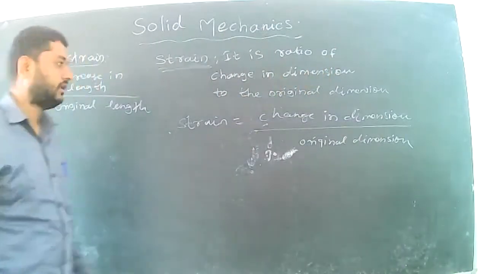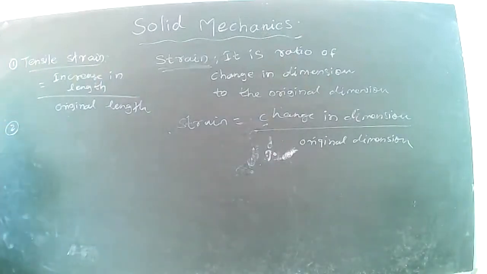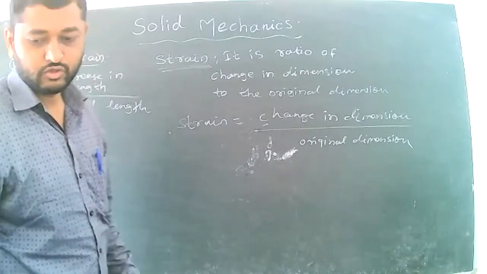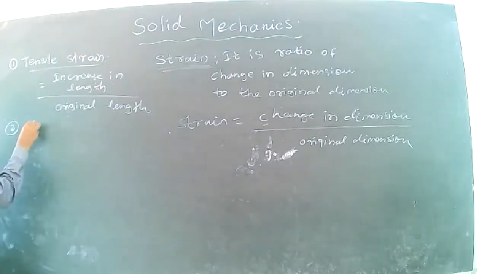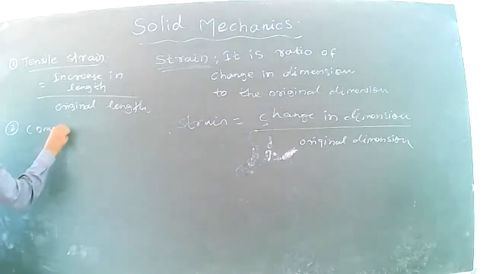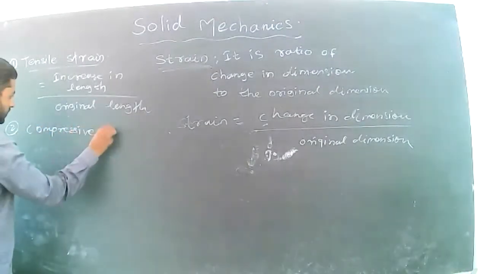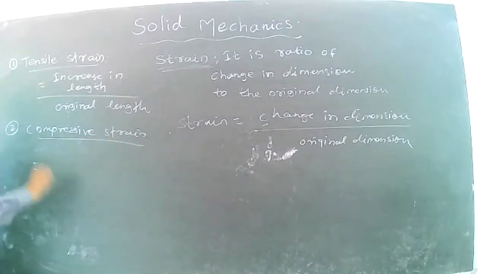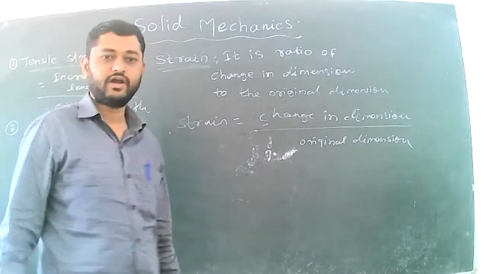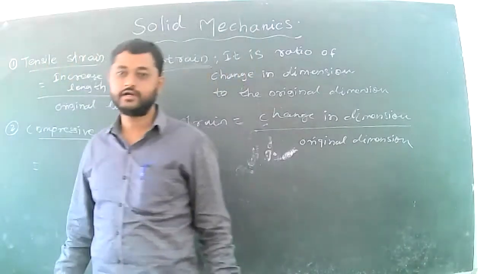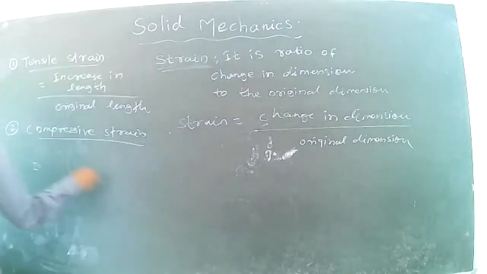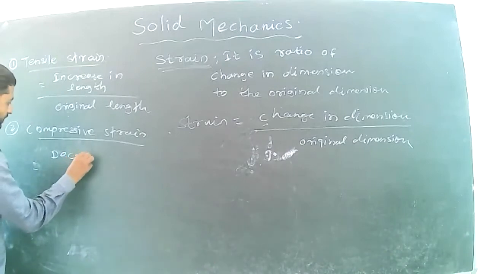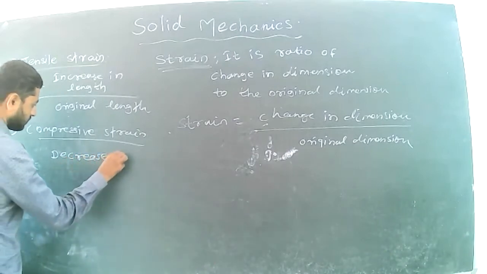Then the second type of strength is compressive strength. So what is compressive strength? It is defined as the ratio of decrease in length to the original length.